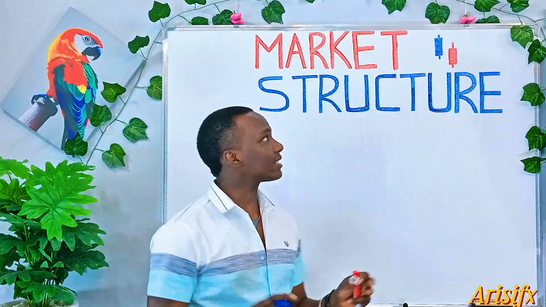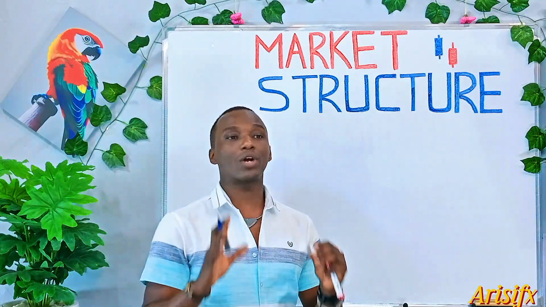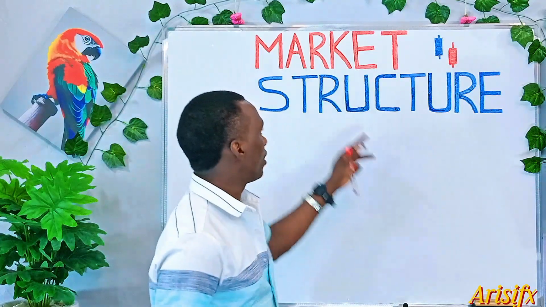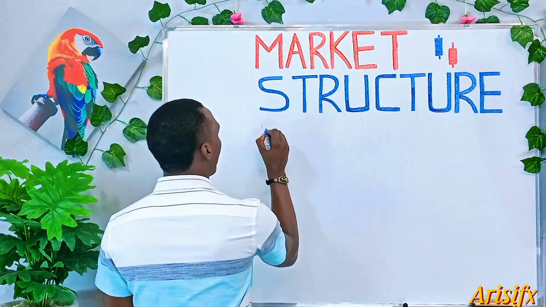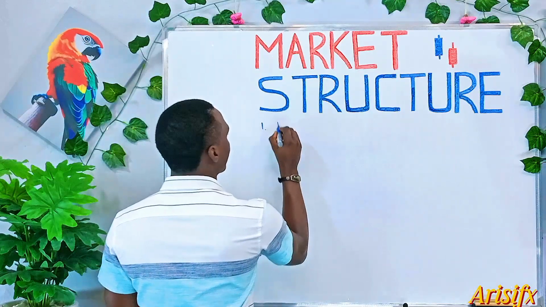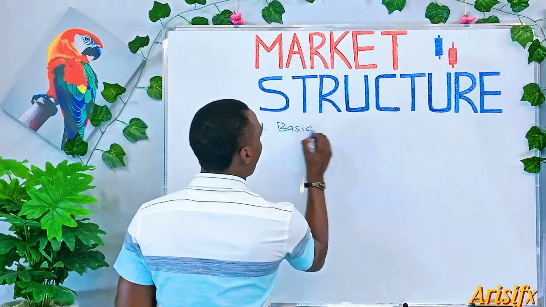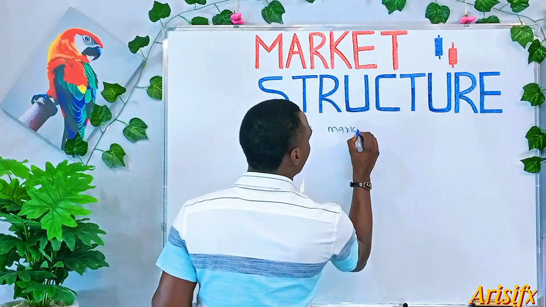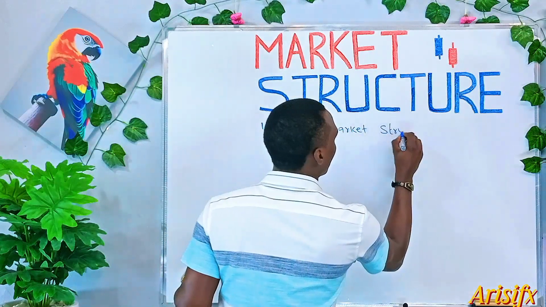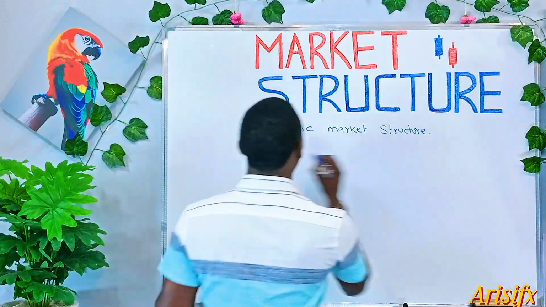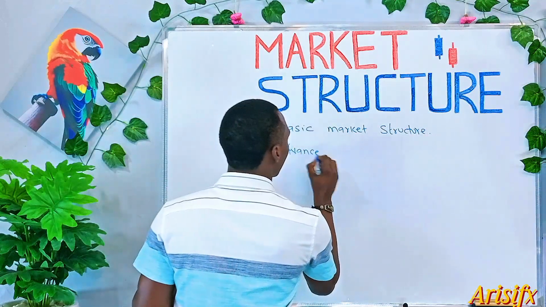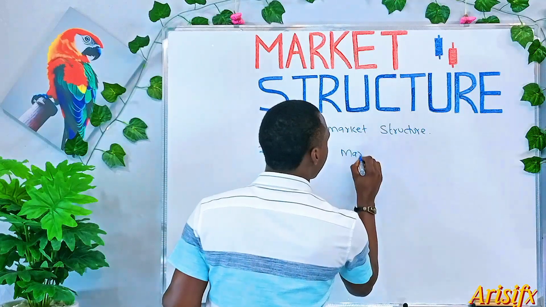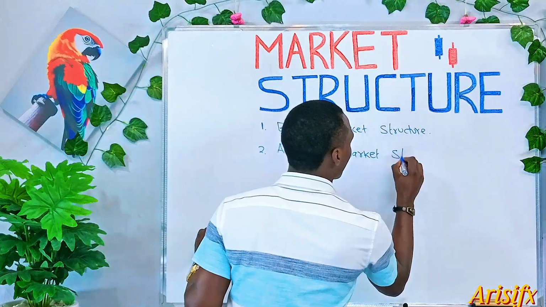You see, to summarize this topic, we need to look at three things. When we study market structure, it is divided into three. One, we need to look at basic market structure. We'll be looking at advanced market structure.